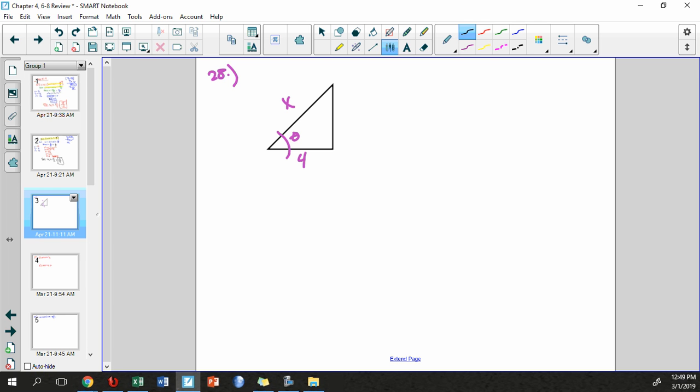It is adjacent. What is the relationship between theta and x? Hypotenuse. What trig function deals with adjacent and hypotenuse? So the cosine of theta is equal to adjacent 4 over hypotenuse x.